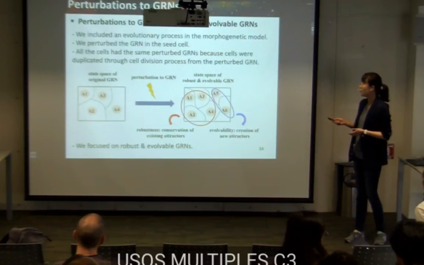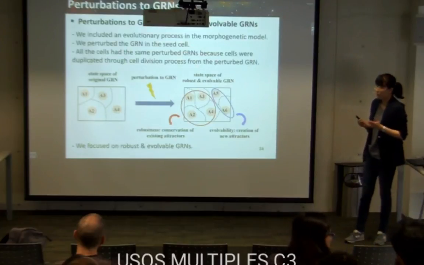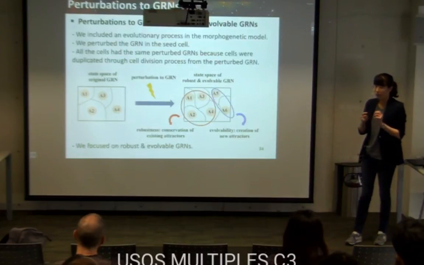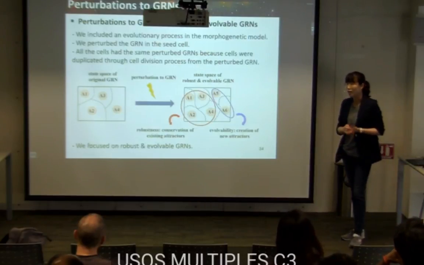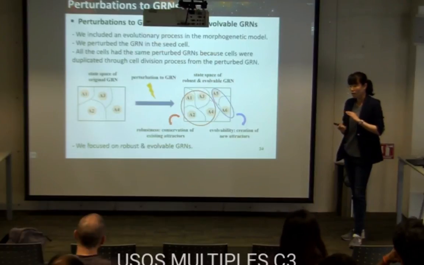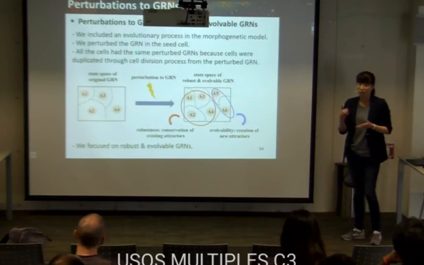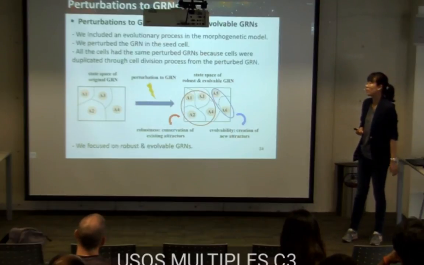So in the second study, we assumed that biologically relevant gene regulatory networks were robust and evolvable. Based on this criterion, we filtered out the biologically irrelevant GRNs.